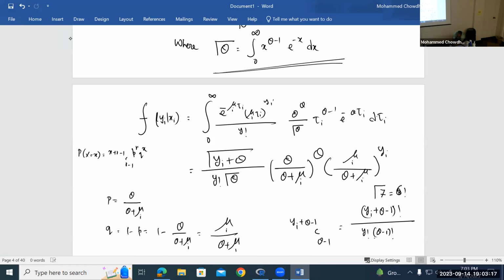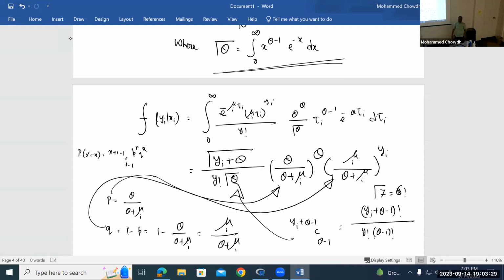Now that one is this one: this one equals p, and that one equals q. So you are convinced that this is a negative binomial distribution.